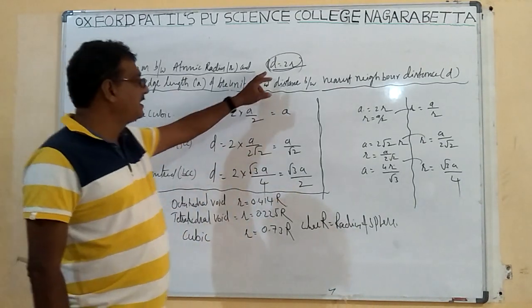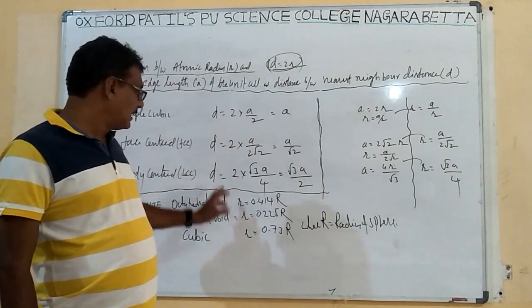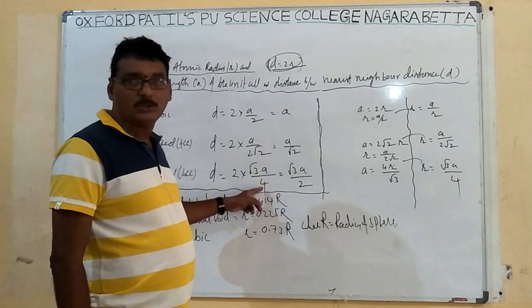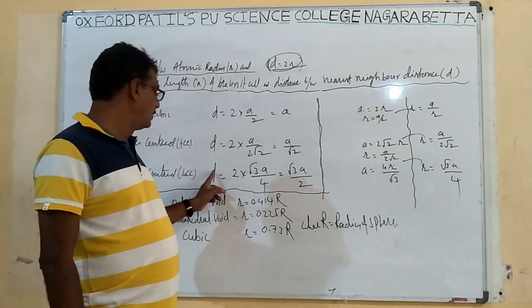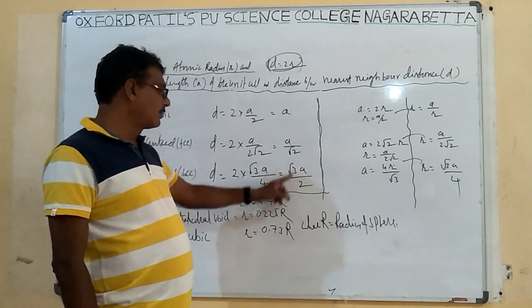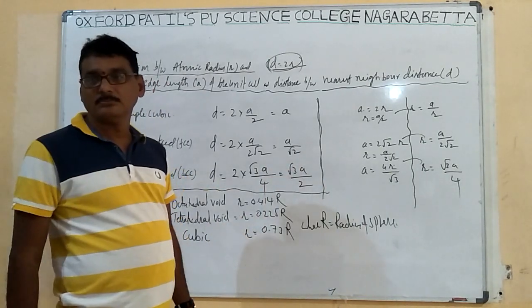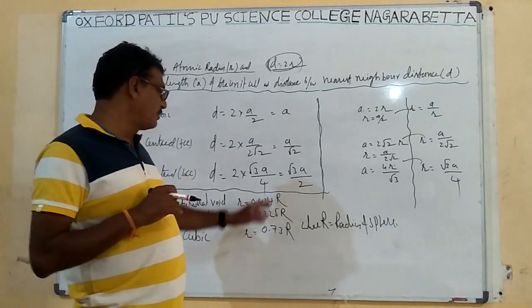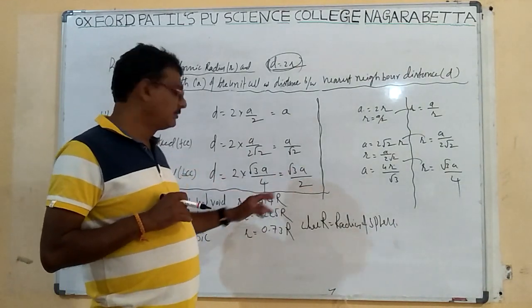Body centered means d is equal to r plus r, which is square root of 3a by 4 each. The 2 cancels, and the formula is square root of 3a by 2. So the neighboring distance d is equal to square root of 3a by 2.